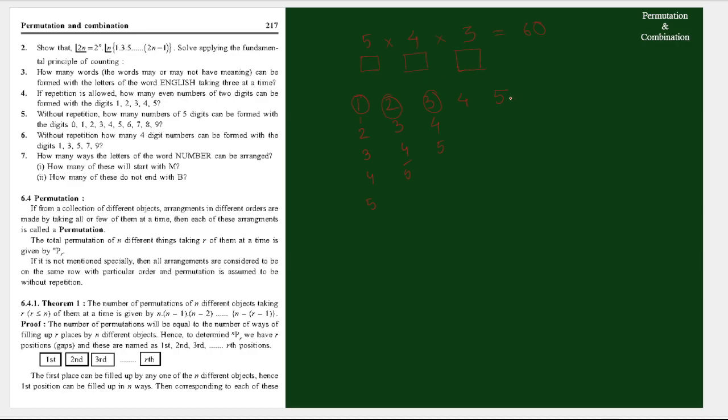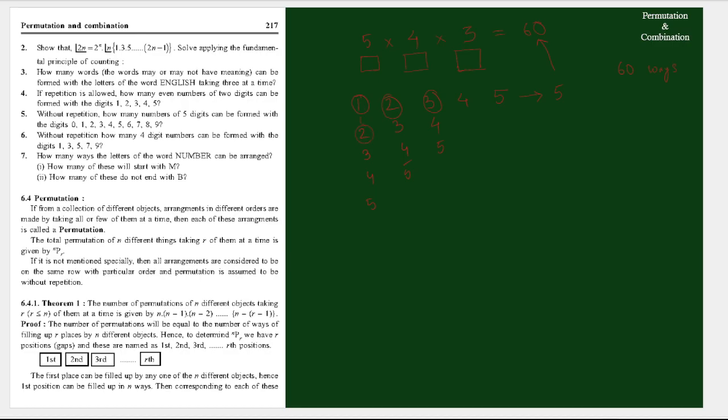That means this 3-digit pin using these 5 digits can be arranged in 60 ways. First we have chosen 1, then the second time again it has the freedom to choose 2.